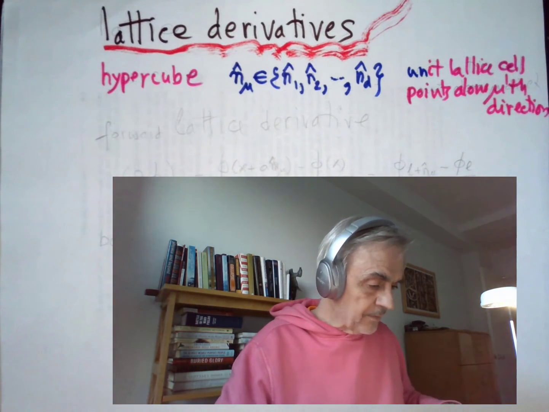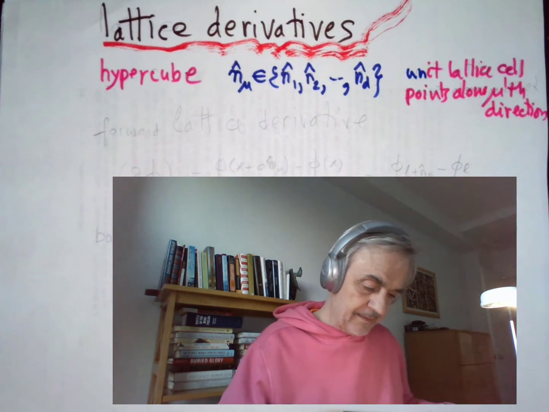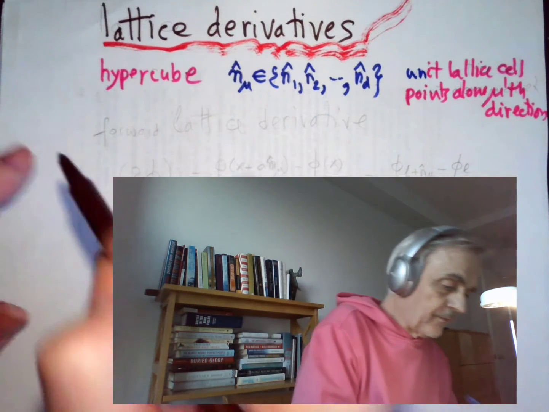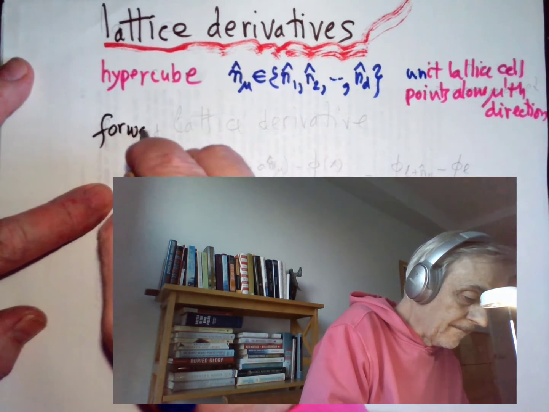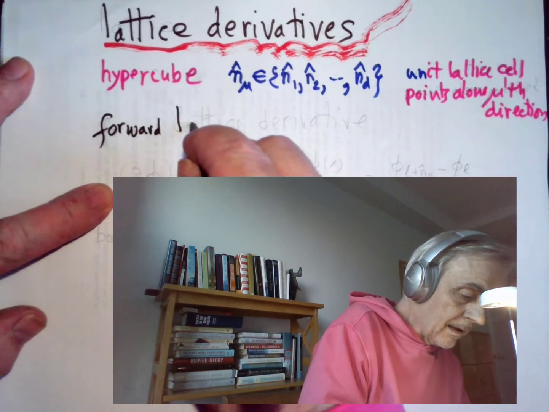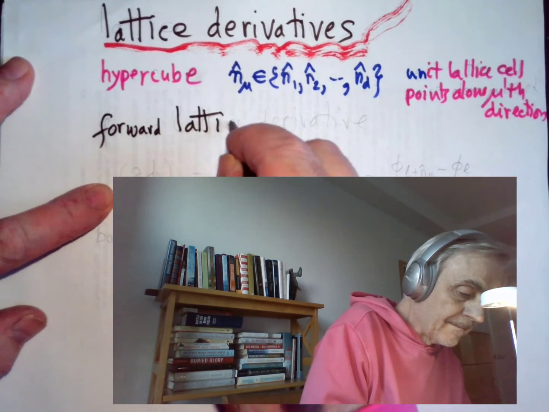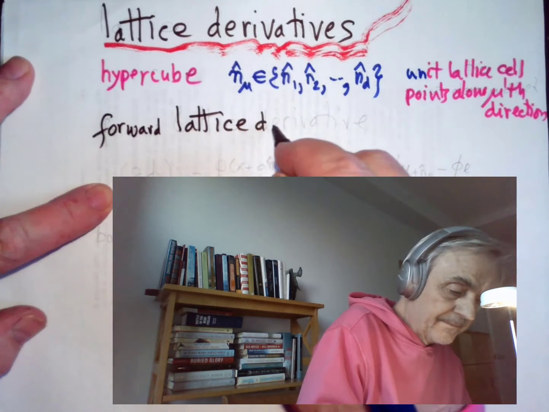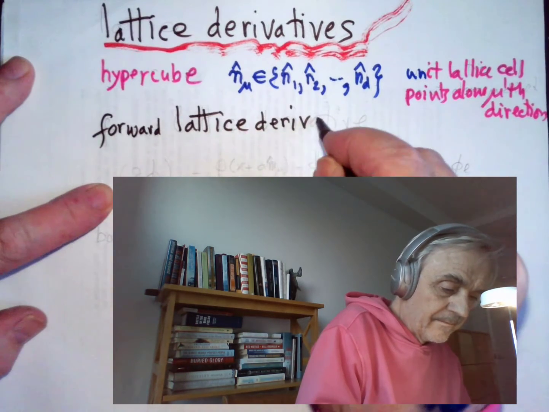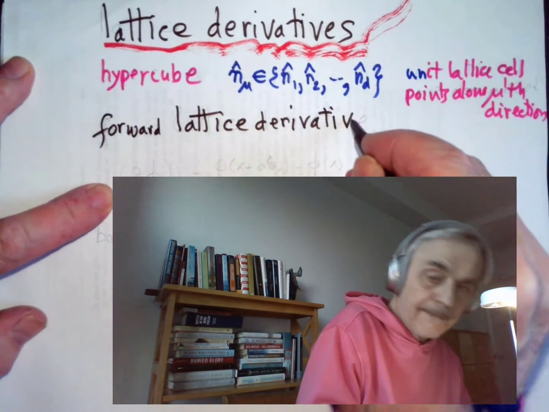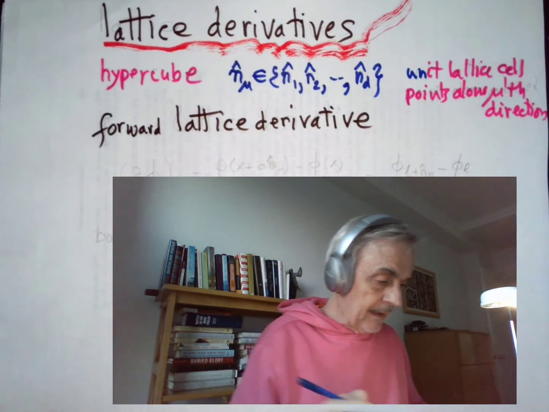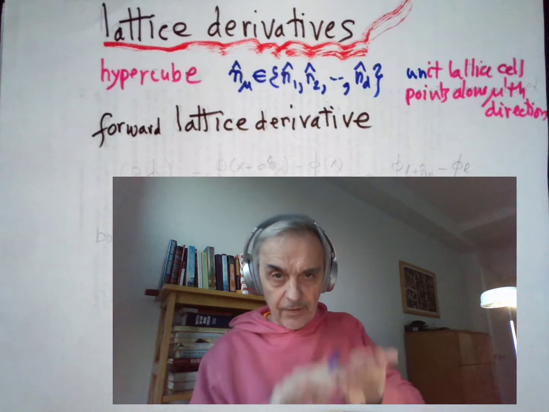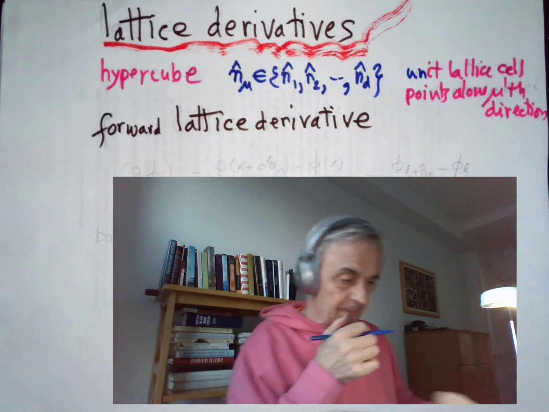So now we're in position to define a forward lattice derivative. And because we're in higher dimensions, all derivatives are directional.